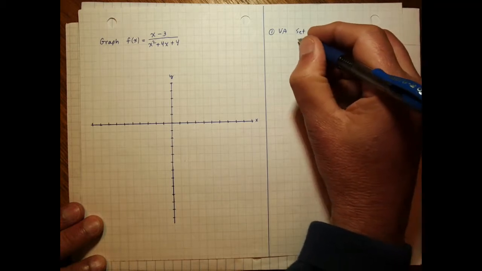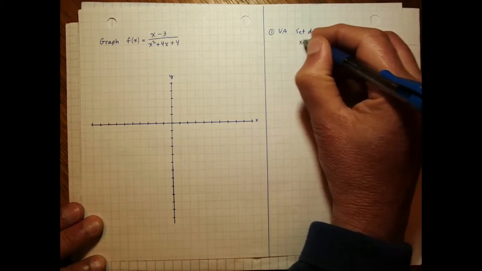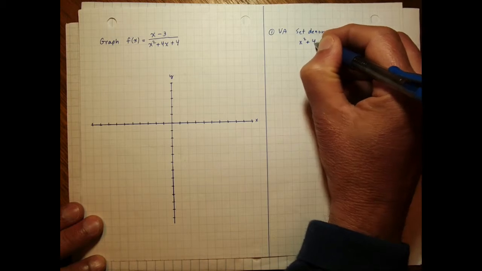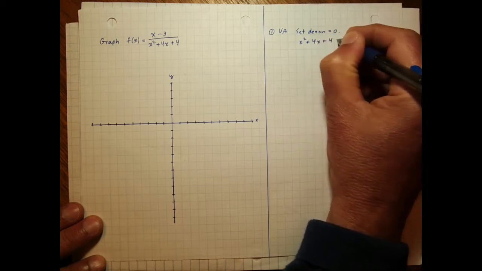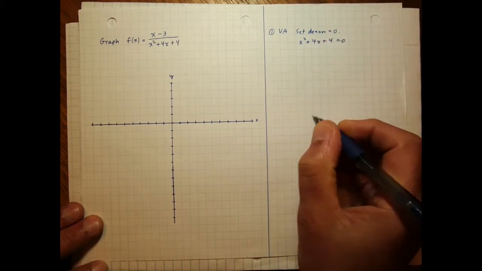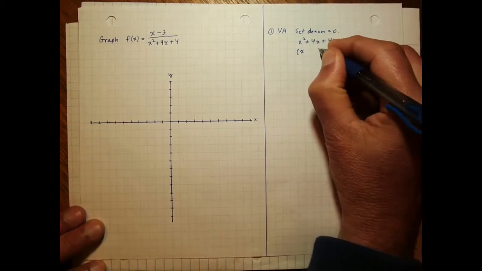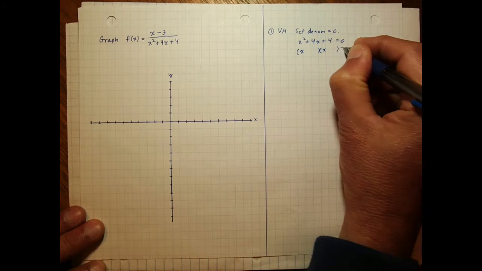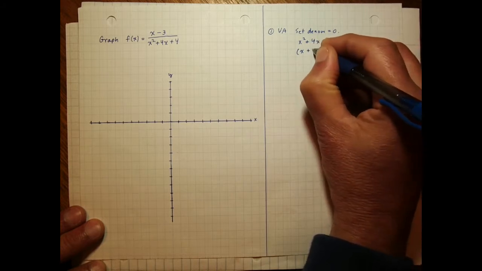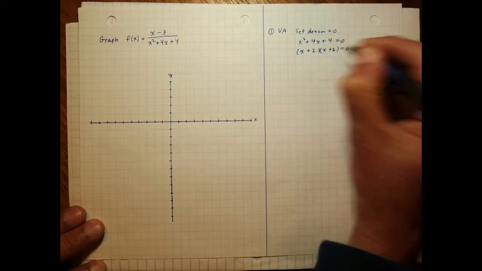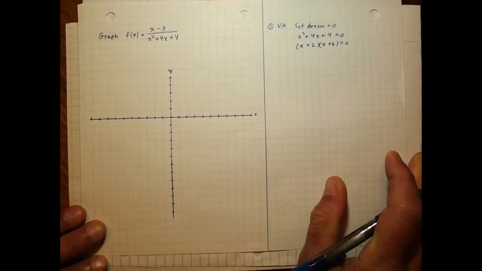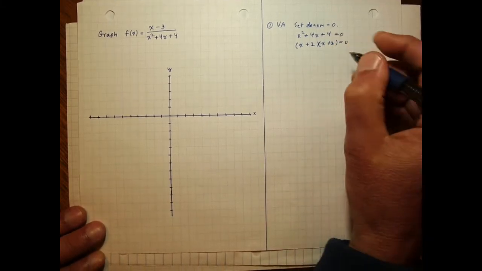So x squared plus 4x plus 4 equals 0. Can we factor here? Yes, this is not hard to factor. x plus 2, x plus 2.